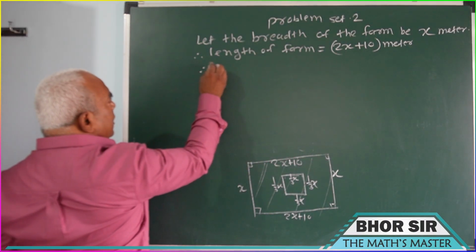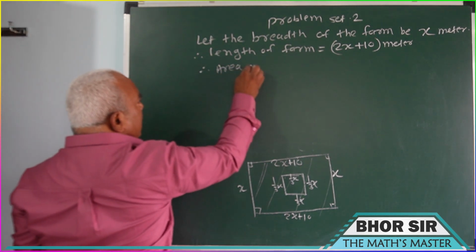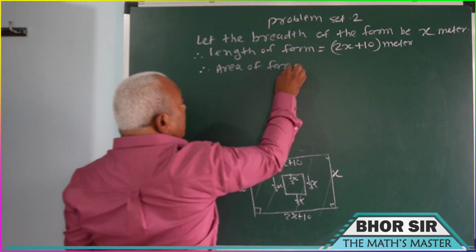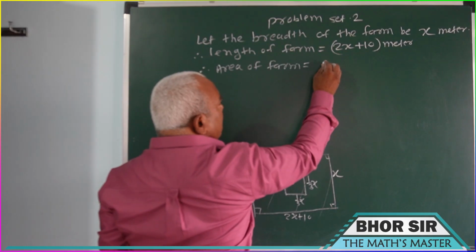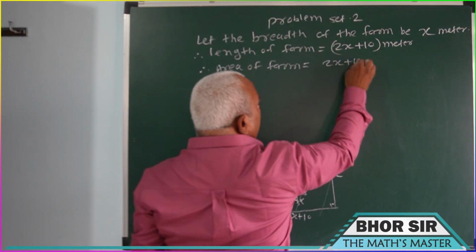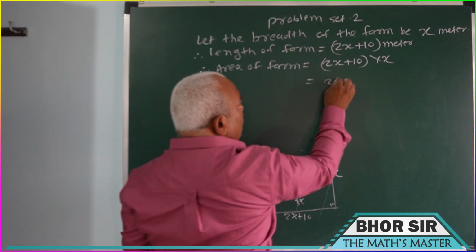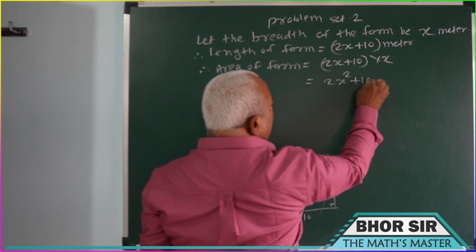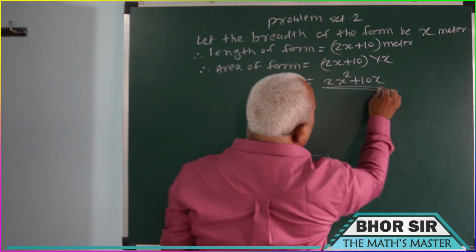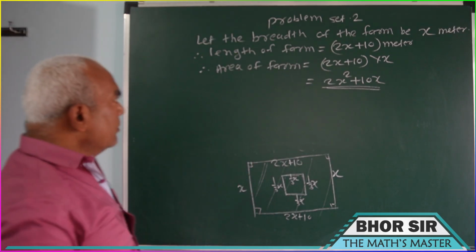Therefore area of farm is length into breadth, 2x plus 10 into x, which is 2x square plus 10x.